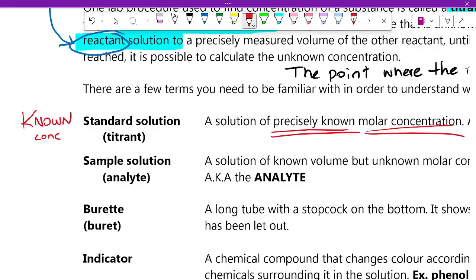So it's our known concentration. That's called our standard. The sample solution is the one where we have an unknown concentration. So when we were looking at that before, this was substance A, and this was substance B. Yeah?